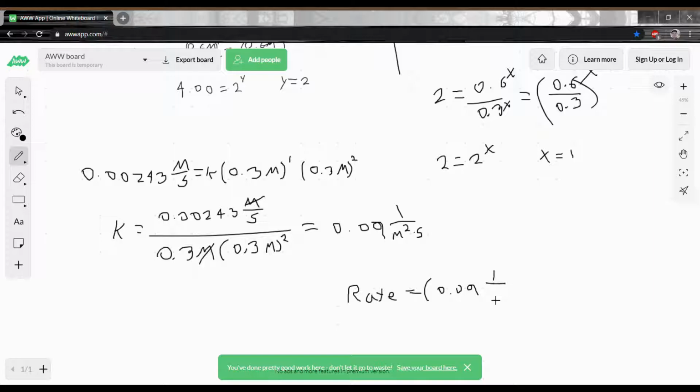We'll include the units per molarity squared second, and that's multiplied by the concentration of H2 to the x power, which is 1, multiplied by the concentration of NO to the y power, which is 2.